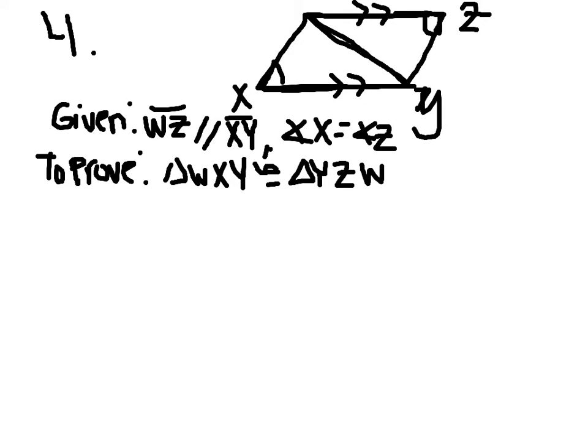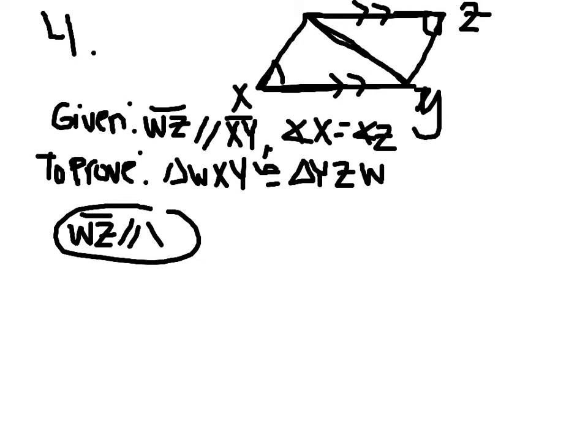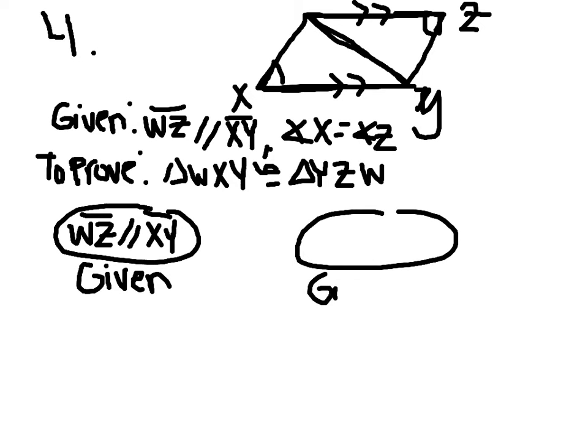So the first part in the flow chart says that WZ is parallel to XY. And we know that information, the justification would be the given. Okay? The other piece of information that they gave us, the justification, and we need to fill in what the conclusion was. Well, there's two parts to our given. So the other given we have is angle X is equal to angle Z.